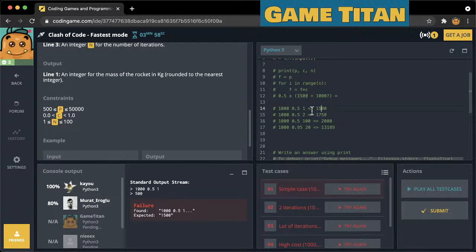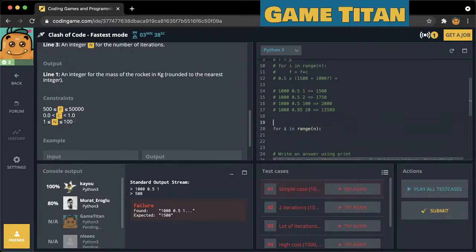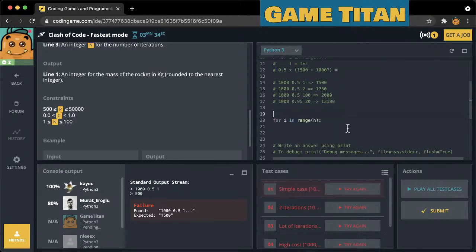Oh, I see what you're saying. So this is 5. We're subtracting. I see. We're subtracting 500 and then subtracting 250, and then slowly it gets to 0. So you're saying for in range, and we have P, which I'll just subtract from it.